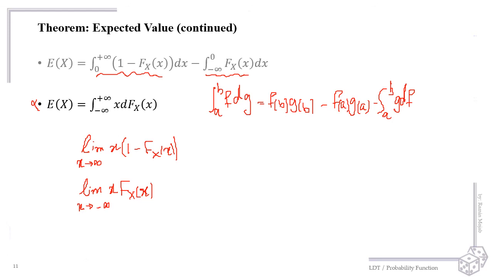Here this is infinity, and this is 0, and here this is minus infinity, and this is 0. And these two limits are cancelled out by each other when we expand these two parts.